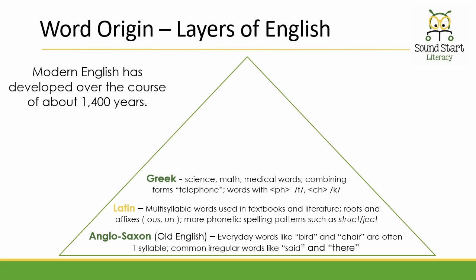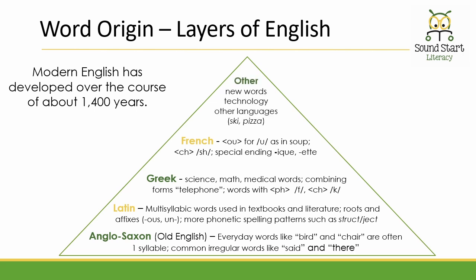We also get some words from the French layer. So words like soup, where we have the OU spelling for the U sound, and the CH spelling for the sh sound in words like chef or chandelier. We borrow many words from all kinds of languages, which often bring unique spellings, such as the word ski from Norwegian or pizza.